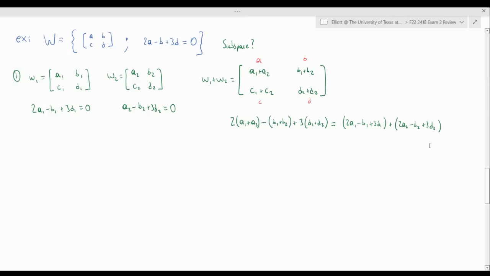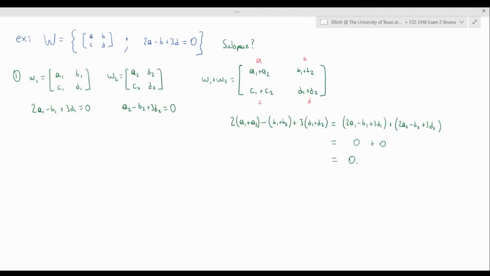Then this first term in parentheses is going to be equal to 0 because we were assuming W1 was a matrix within our set W. And likewise, the second term in parentheses is also 0 by this condition here, okay? So you can say this is 0 plus 0, and therefore it's equal to 0 altogether.